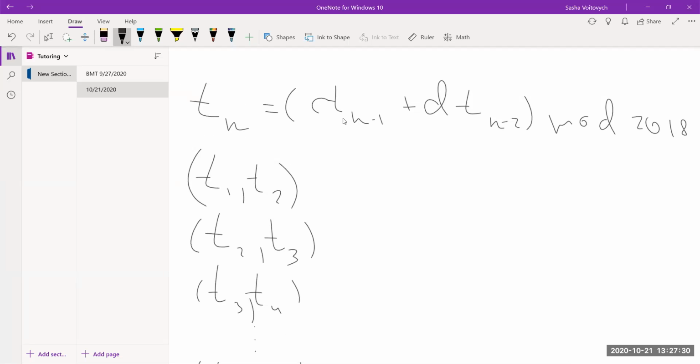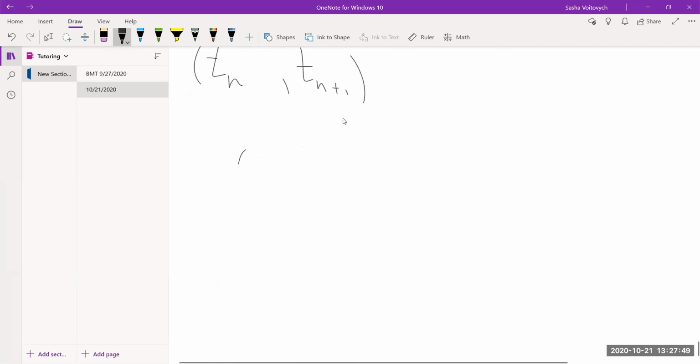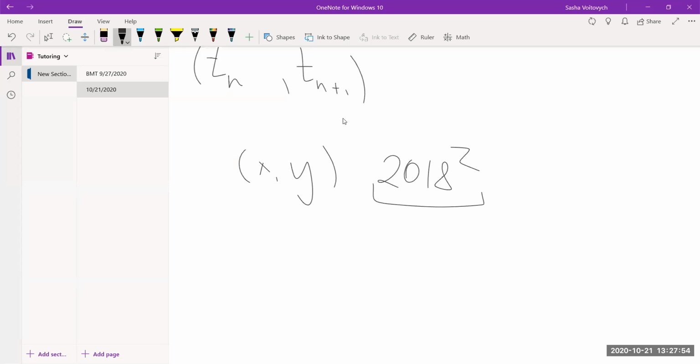So what are the possible values for T? T is a remainder mod 2018. Therefore, T can be from 0 to 2017. And T2 can be from 0 to 2017. So for a pair XY, there are 2018 squared possible choices.